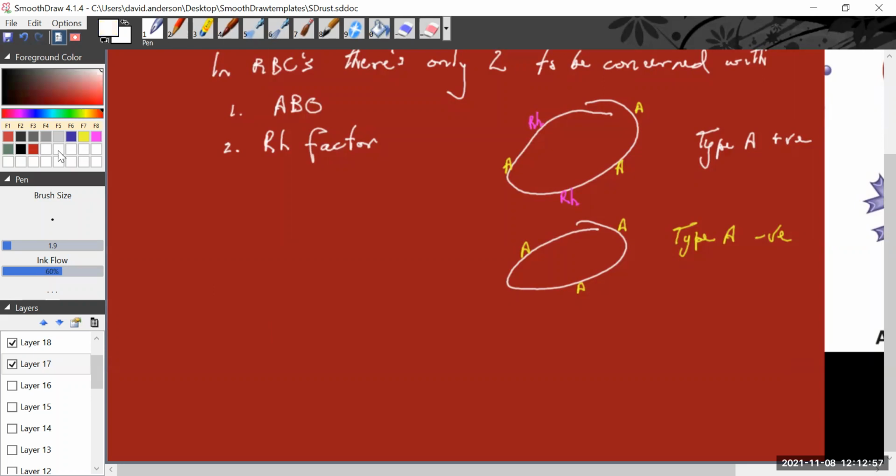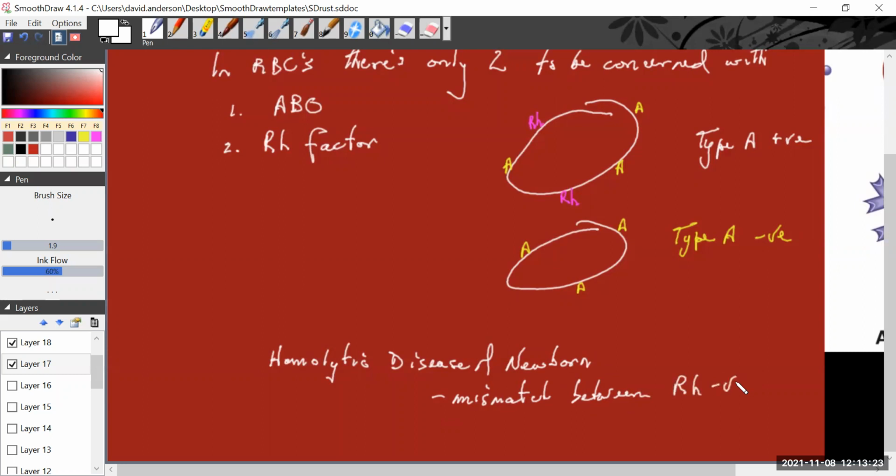That was called hemolytic disease of the newborn, that's due to a mismatch between Rh negative mom and Rh positive baby, especially second or after born.